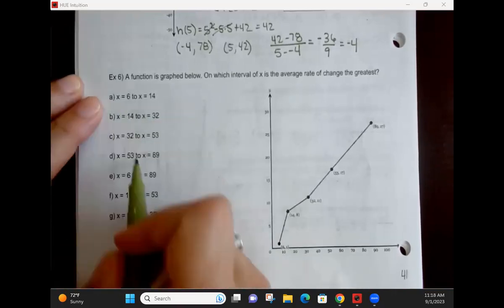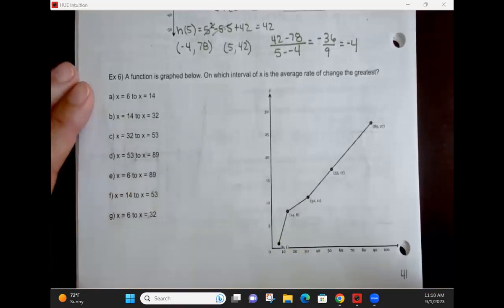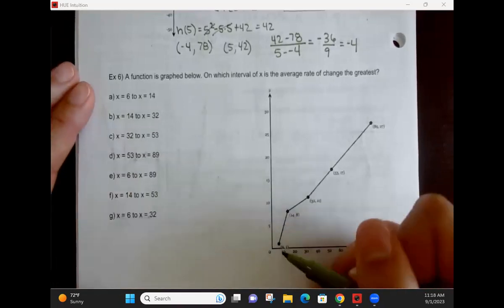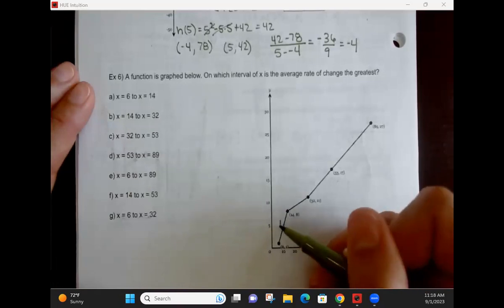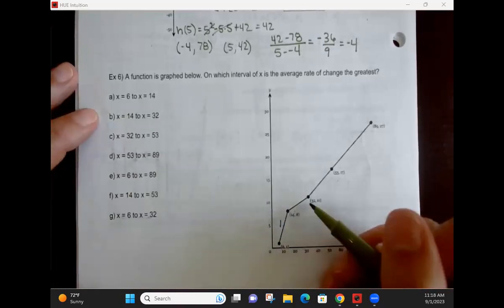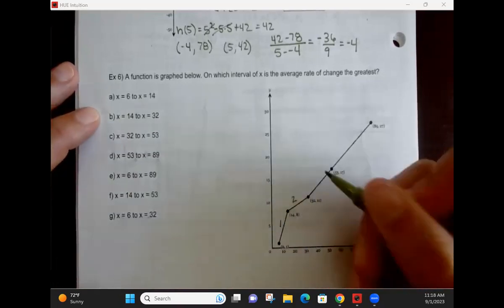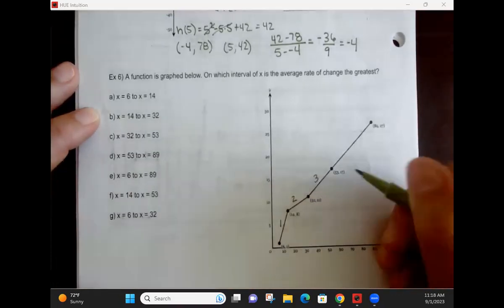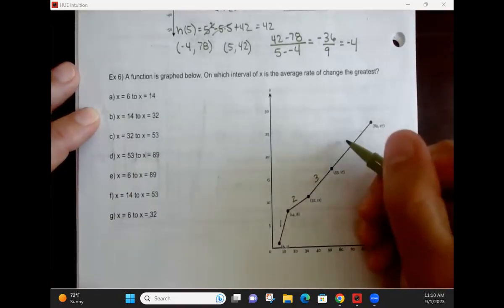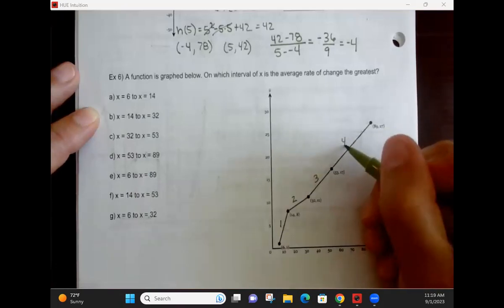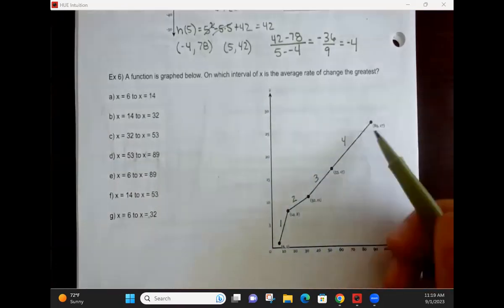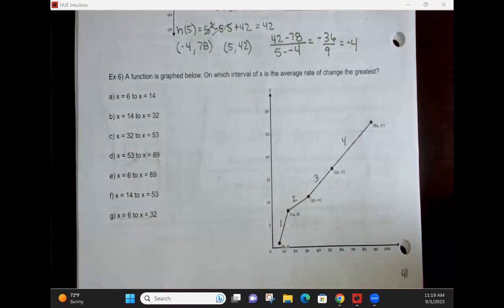So the first few are just these different segments of my graph. From 6 to 14, I'm going to call that 1. From 14 to 32, from 32 to 53, and from 53 to 89. So for these different segments, which of them is the steepest?